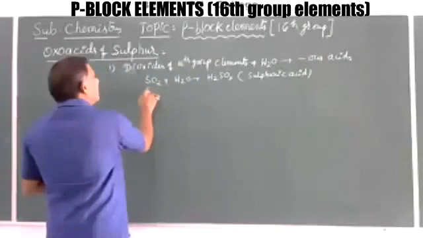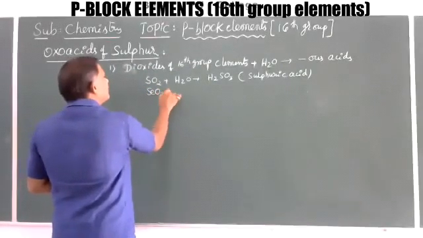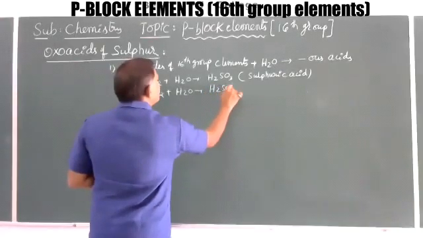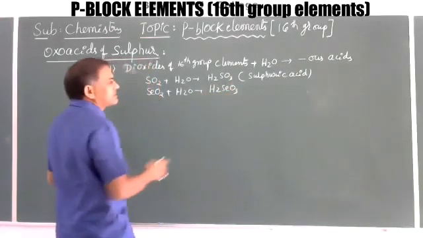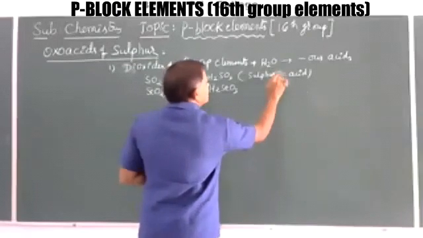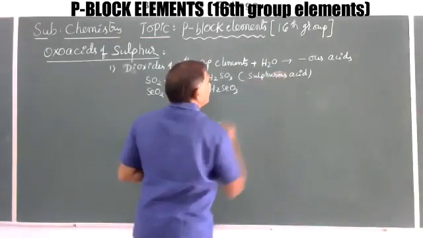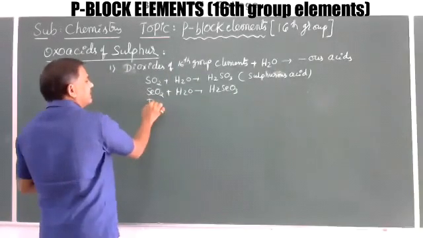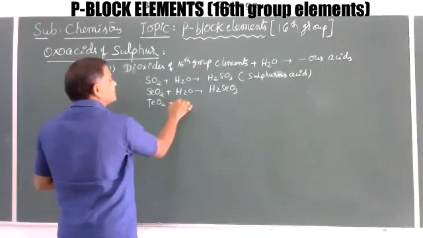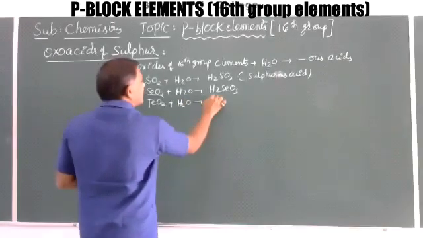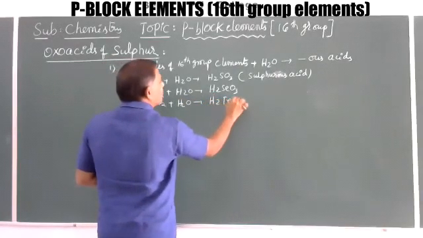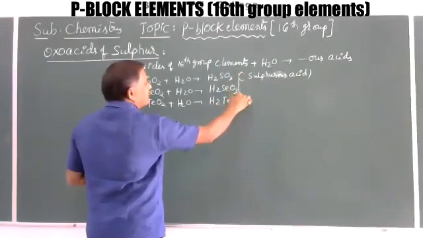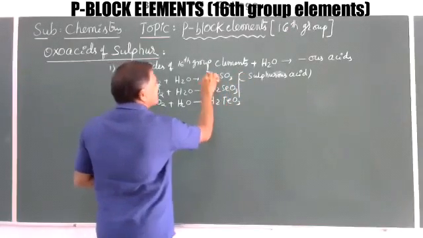Similarly, SeO2 with water gives H2SeO3, selenious acid. TeO2 plus H2O gives H2TeO3. These are the ous acids of 16th group elements.